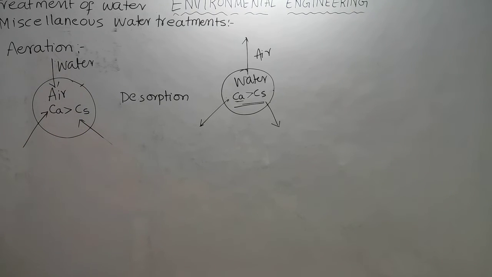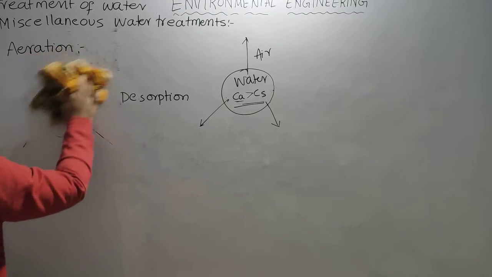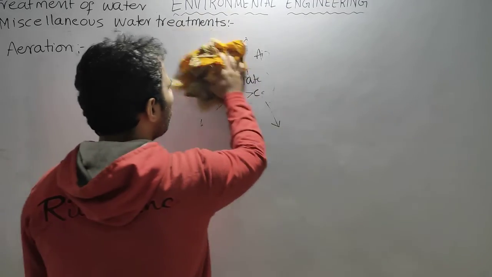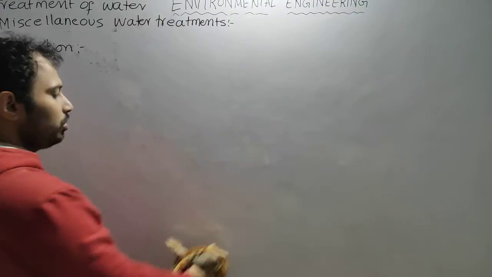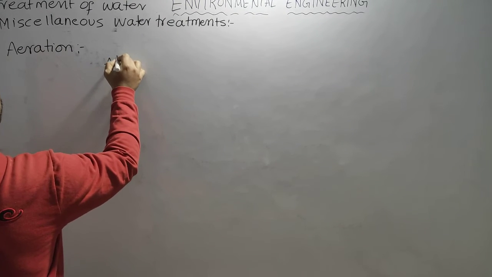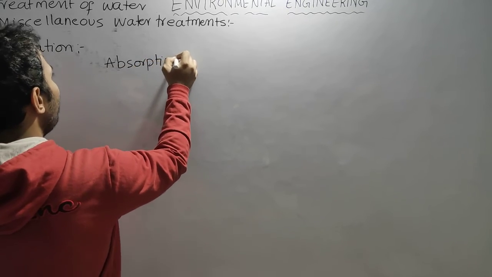If you see it like that, there will be only two combinations: Cs less than Ca and Cs greater than Ca. So there are two combinations, for absorption and desorption.